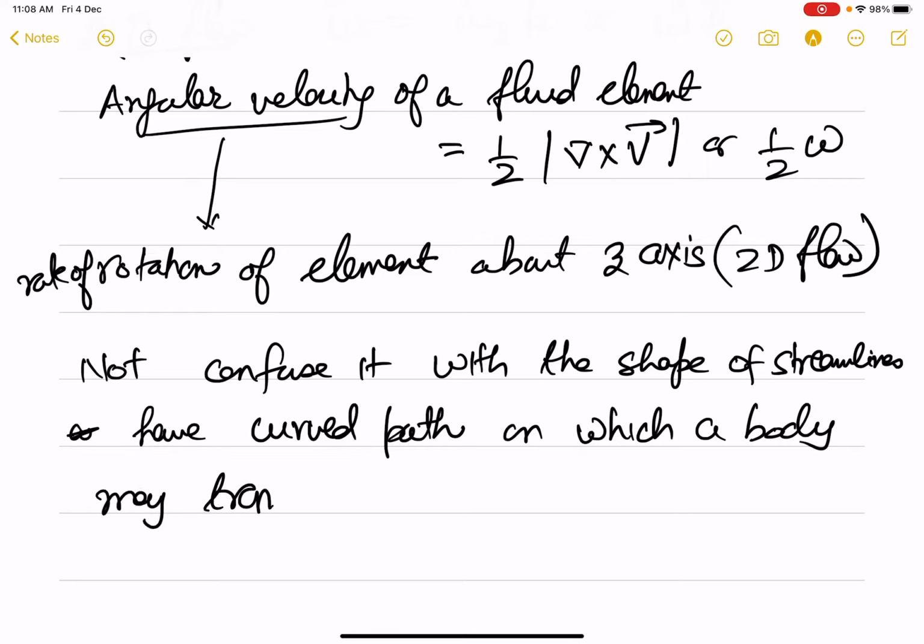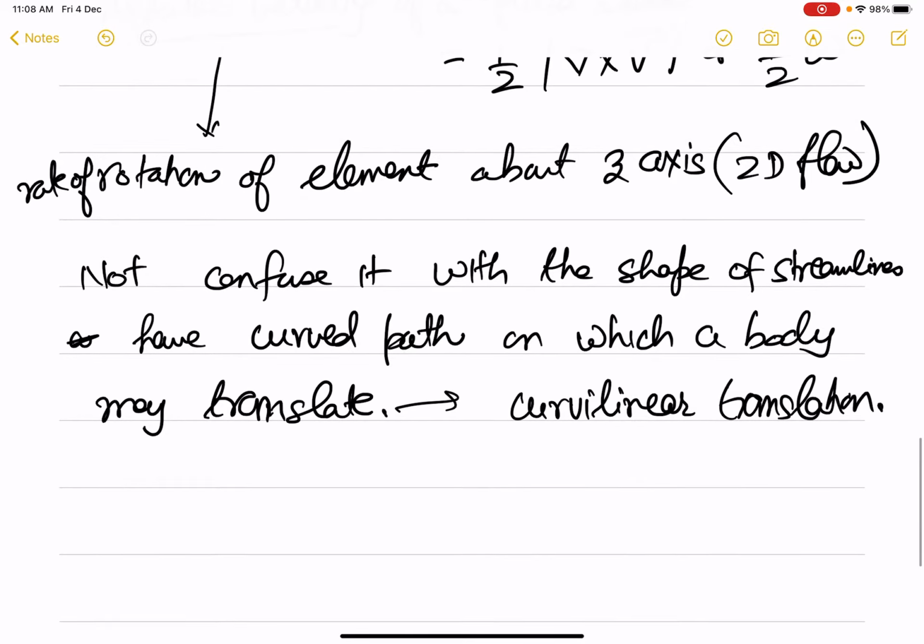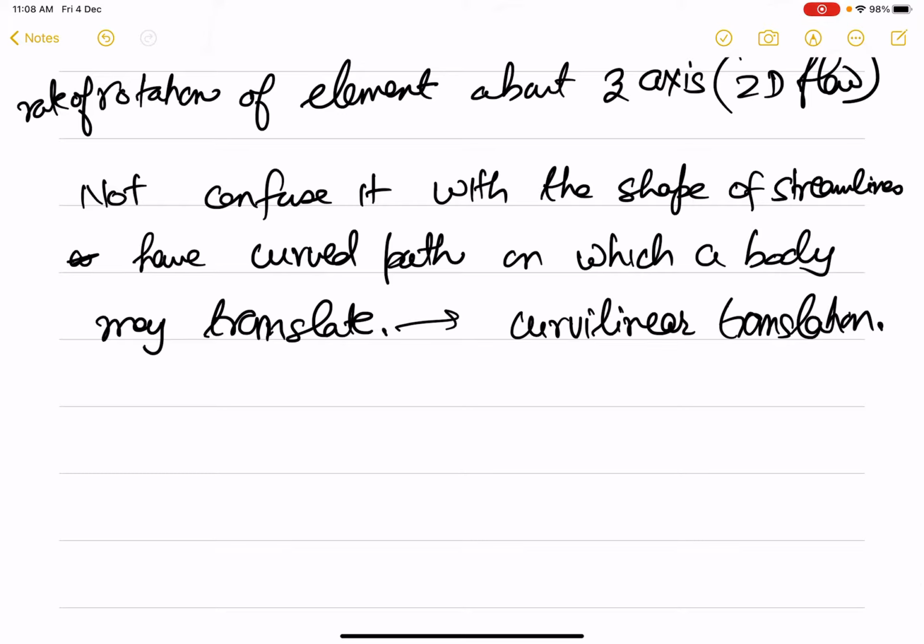We have seen this in rigid body dynamics, that there could be curvilinear translation. So when we talk of rotation, we are saying that if we fix an axis to the body, then the coordinate axes, one or two of them at least, will change their directions. To illustrate this point, let us look at two types of flows.